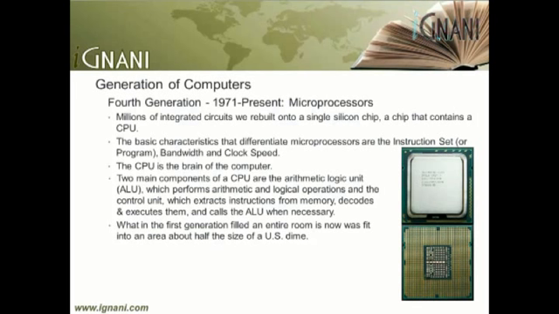Ten years later, 65 million PCs were being used. Computers continued their trend toward a smaller size, working their way down from desktop to laptop computers, to tablets, to smartphones.